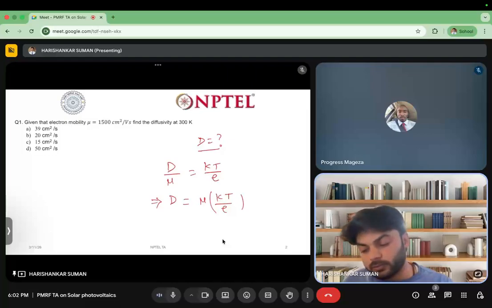You are given mu and kT by e, which is 0.26 electron volts, so this is in volt. At 300 Kelvin, T equals 300.